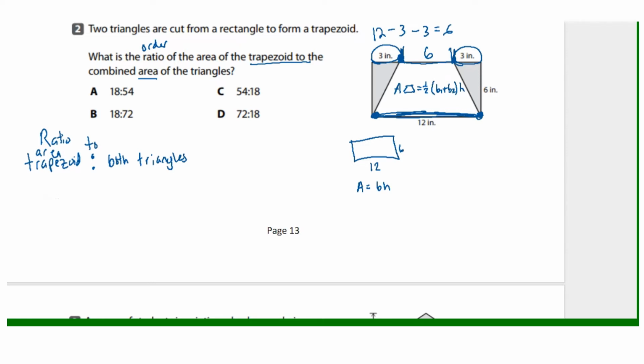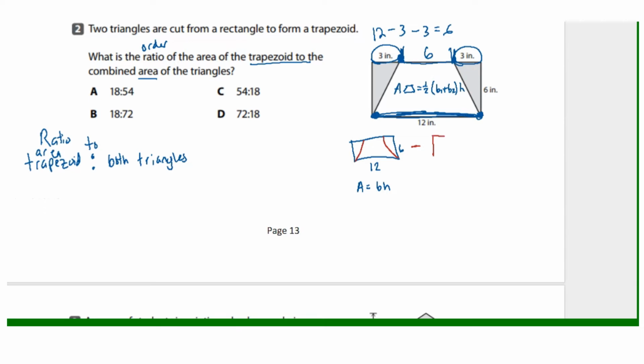If I find the area of the whole rectangle and take away the triangles, both triangles, I will have the trapezoid. Because if I take away the two parts, the last part that's left is the trapezoid.